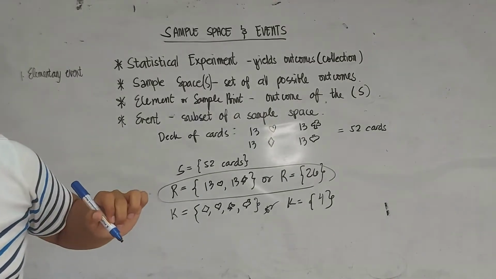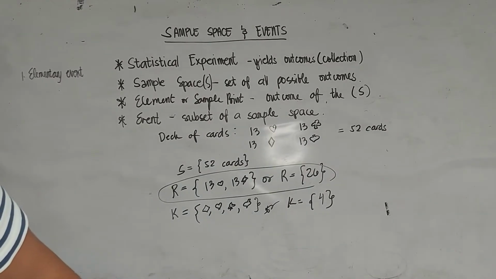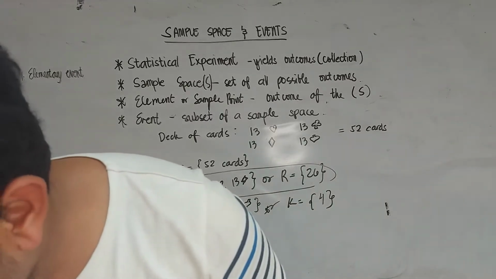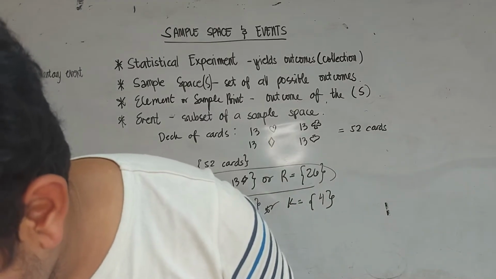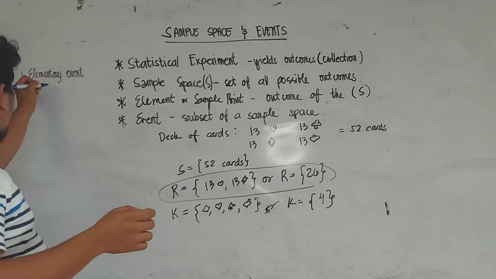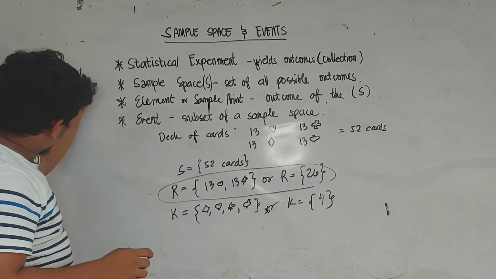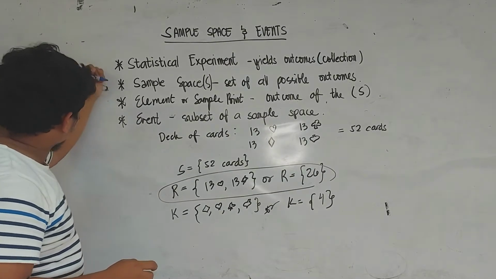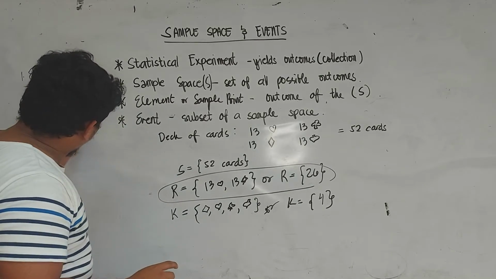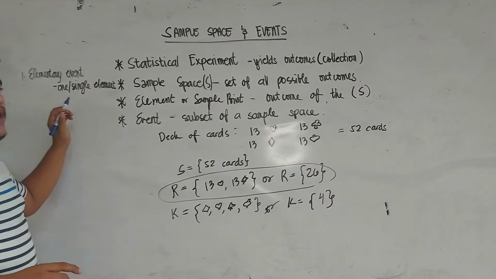Elementary event means there is only one or single event we can get, one or single element or sample point. When we say elementary event, we can only get one or single element.